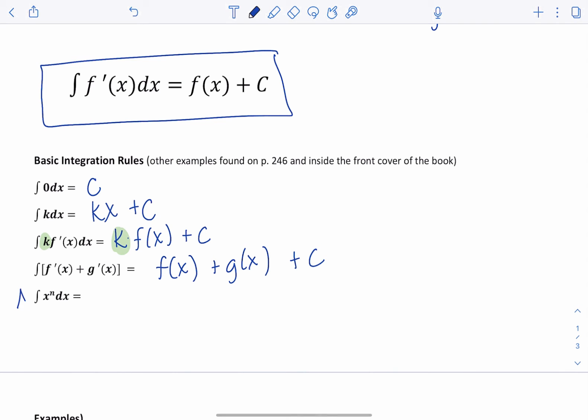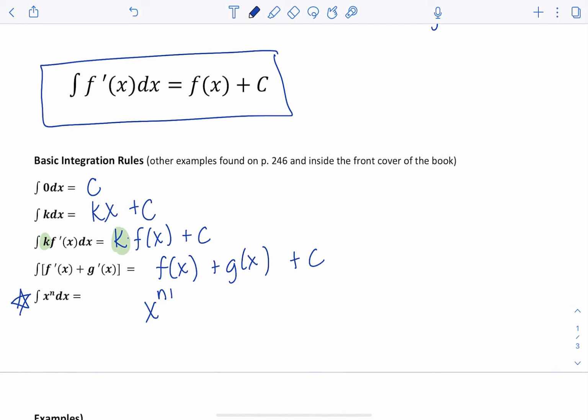And then here is our major rule for finding the antiderivative. If you have a function to a power, this is the basic one, let's think backwards for how we find a derivative. When we're finding the derivative of a function, we bring down the exponent and subtract by 1, right? Well, let's do that opposite.